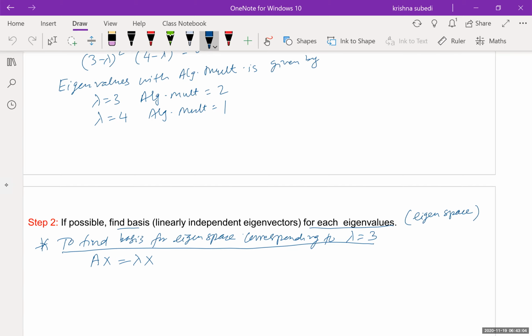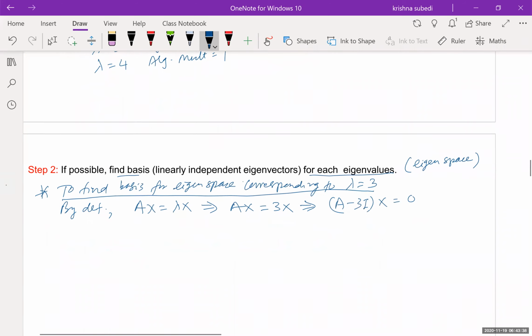If lambda equals 3, then by definition we can write Ax equals lambda x, which gives Ax equals 3x, which gives (A minus 3)x equals 0. But since A is a matrix, in order for this to be defined, I'll write (A minus 3I)x equals 0. Now our job is to solve this system.